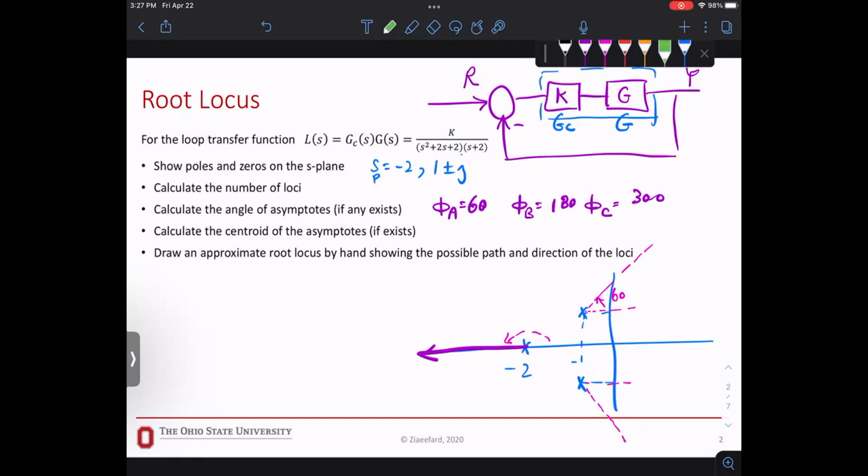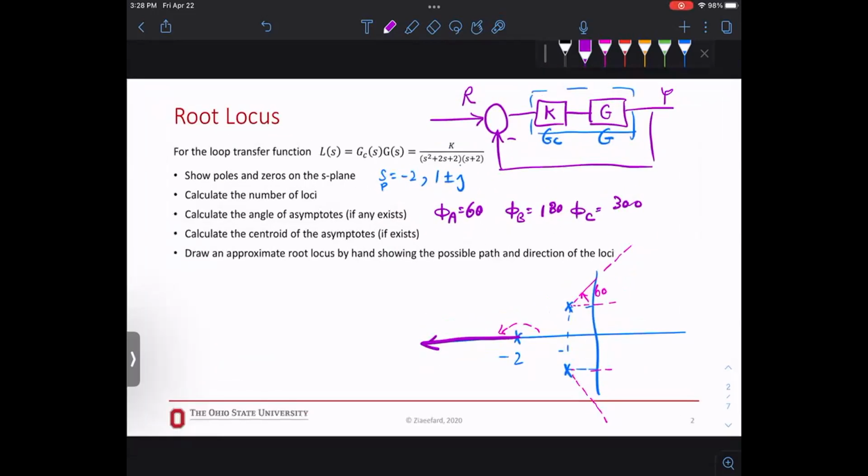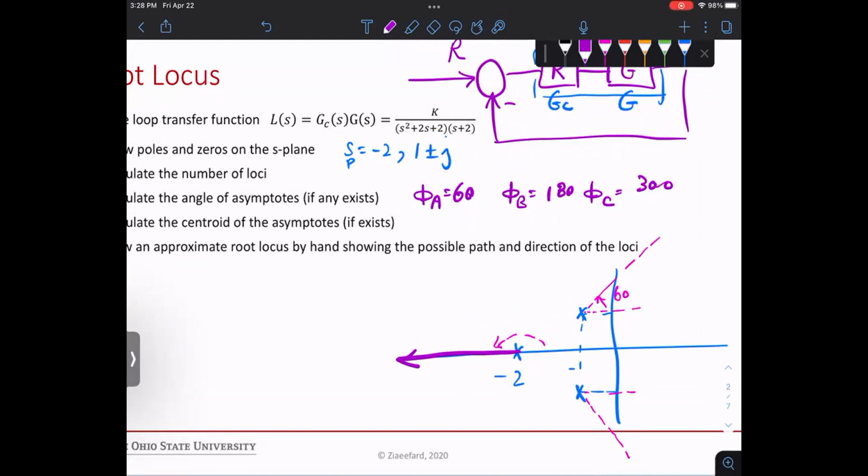So where is the centroid? It is going to happen at negative 1.5, meaning that these will cross this line.